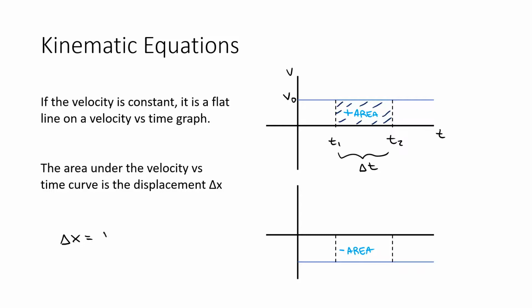So v naught times delta t. I've already put this up once, but now you can see it as one side of the rectangle times the other side of the rectangle. Just showing I can do this with just shapes. All right, that will make it easy for me to explain this next part.